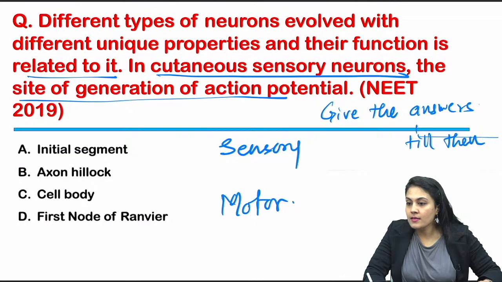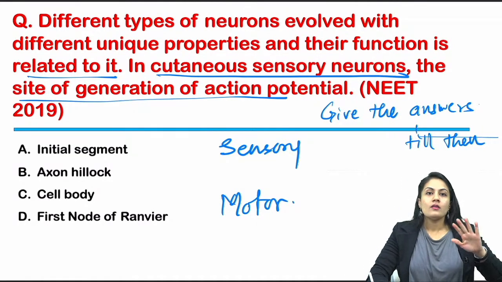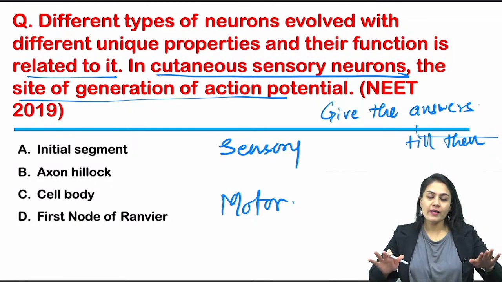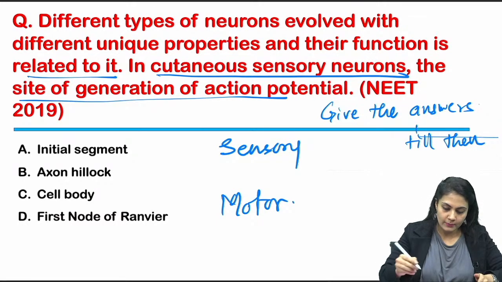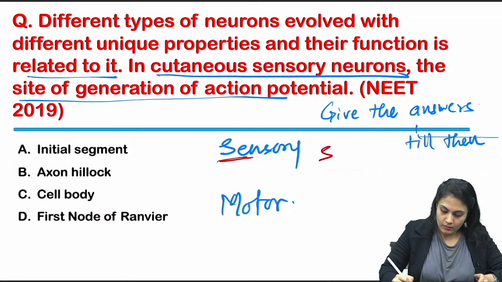There are many answers, D, B, A. All right, so just remove everything from your head, the confusion, not the syllabus. Just remember Seno.